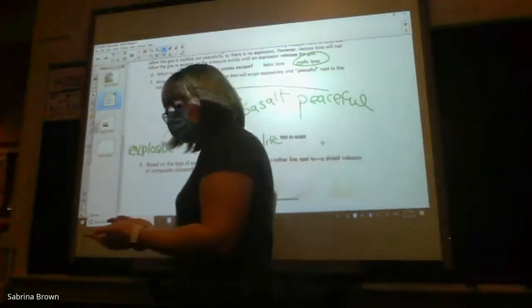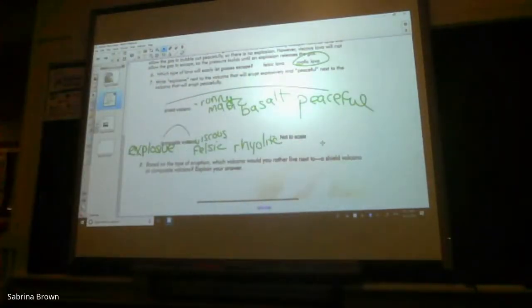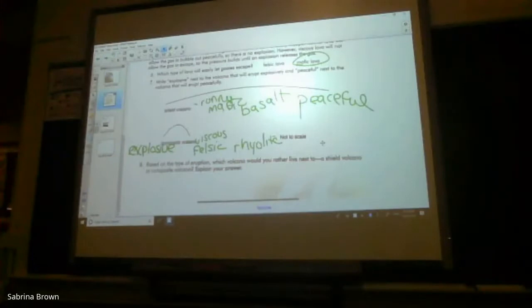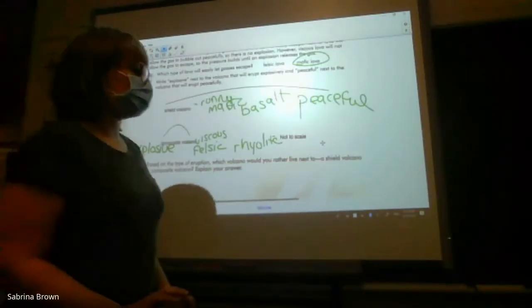So remember, when we were talking about volcanoes and earthquakes, the vast majority of our volcanoes and earthquakes occur at plate boundaries, right? So we use the evidence of the location of volcanoes and the location of earthquakes to come up with the theory of plate tectonics, right? That's one of the biggest supporting factors for the hypothesis of seafloor spreading and the theory of plate tectonics. But there are some volcanoes on Earth that are not associated with plate boundaries, and those are called hotspot volcanoes.